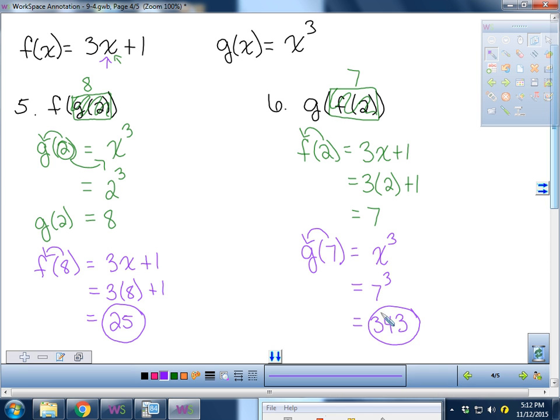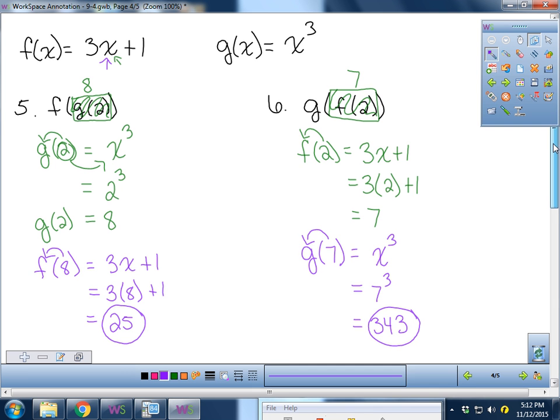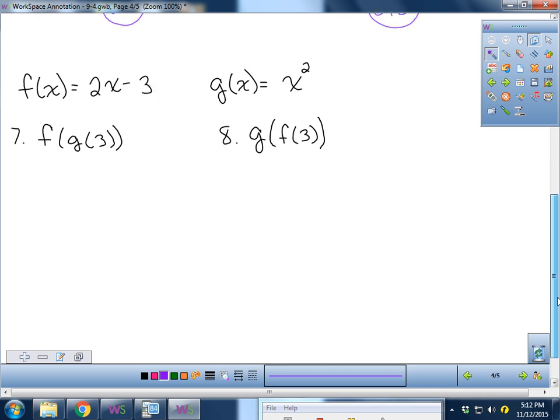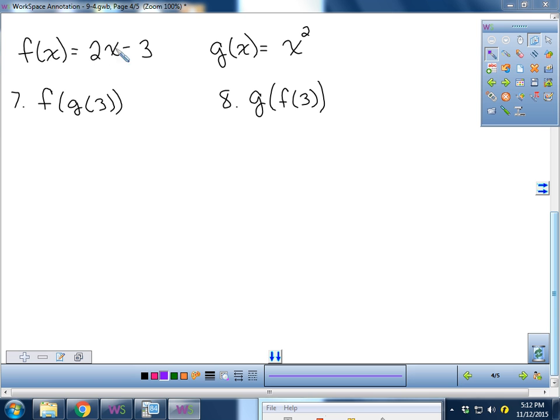All right, we're going to do a couple more of these with a new f of x and a new g of x. So here is your new f of x. Here is your new g of x. And we have two new problems. The first thing I start with is the inside, g of 3. So I have to find g of 3 first.